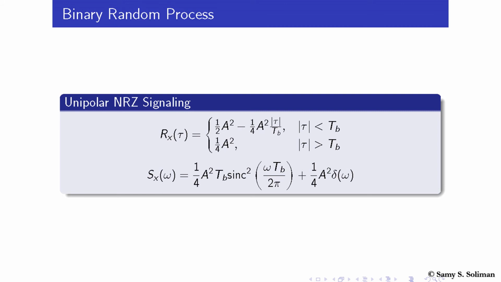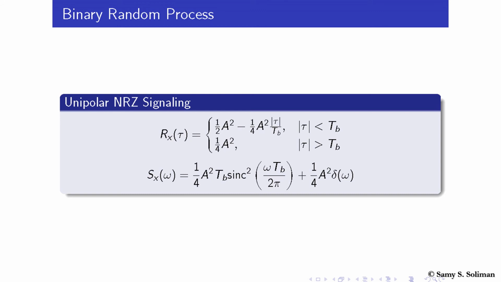If we apply the same procedure for unipolar non-return to zero signaling, we can follow exactly the same steps with only one exception: bit 0 is represented by an amplitude of 0 volts rather than negative A volts, which means that some terms of the autocorrelation function that we calculated will reduce to 0.